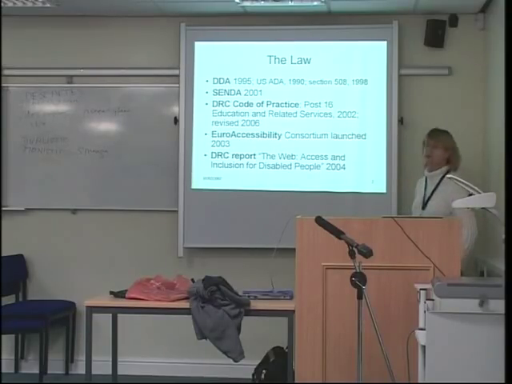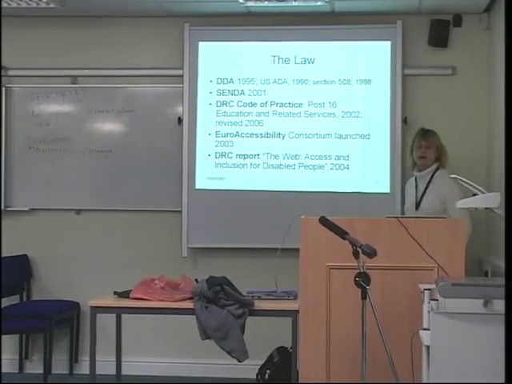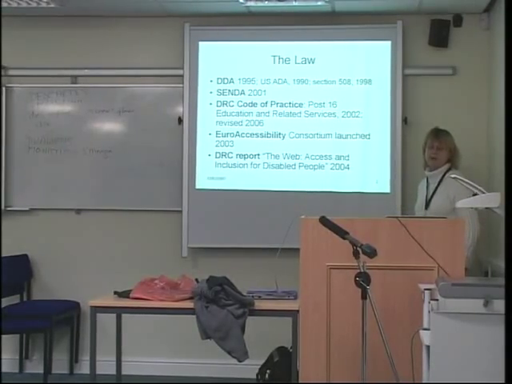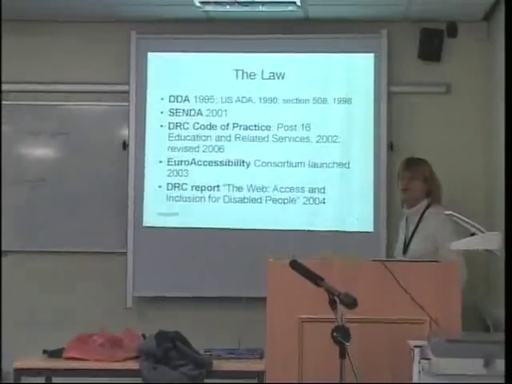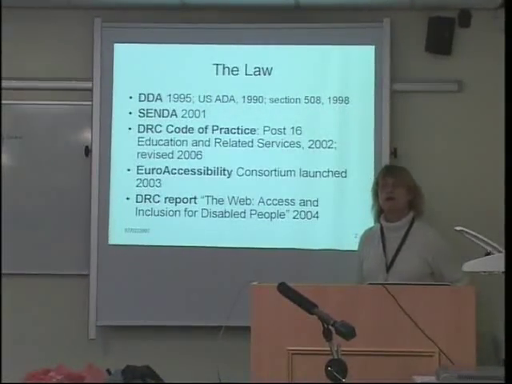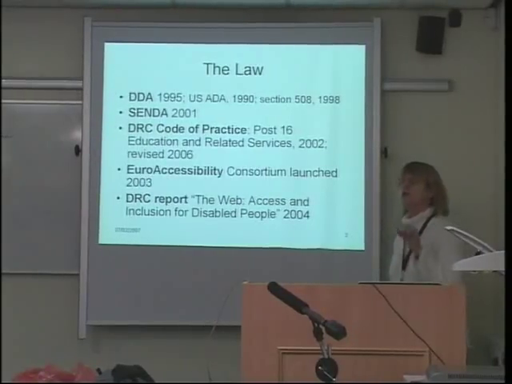And I've also listed here a report by the Disability Rights Commission on the web, access and inclusion for disabled people. I recommend people read that report because there are some very pertinent pointers as to what to do.